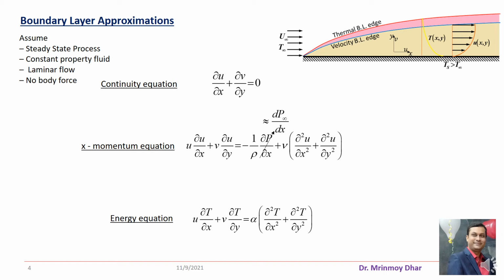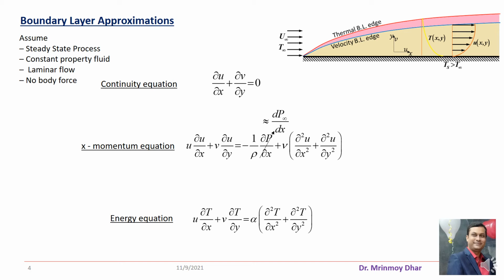Pressure is not varying along the y direction, it is only varying in the x direction. Since pressure is varying only in the x direction, del p del x can be written as dp dx, total and not partial derivative, and this dp dx can be replaced by dp infinity dx. P infinity indicates the pressure outside the boundary layer, meaning the free stream pressure. So this is about the approximation of the pressure gradient term.